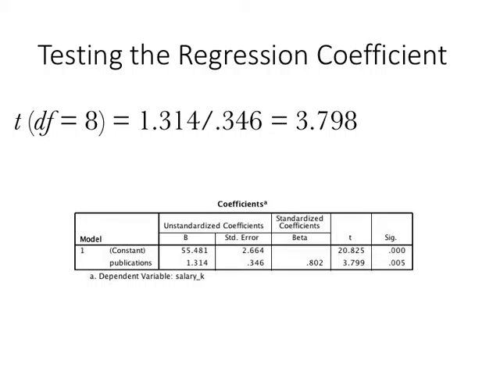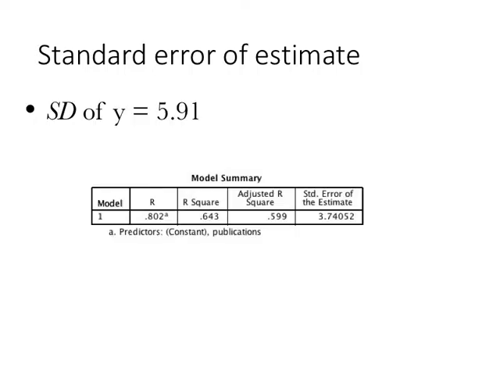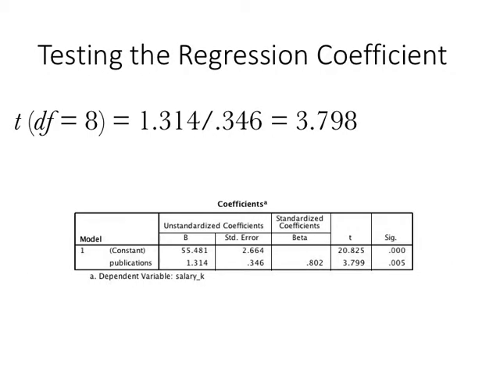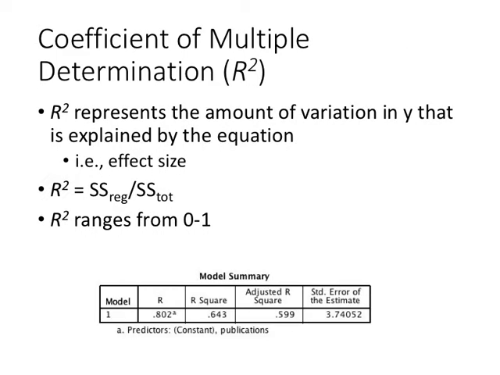And then we have this other thing here that's the standardized coefficient, which is beta. And do I talk about beta here, or do I save that for next week? I save that for next week. This is the standard error of the estimate, which, if we go back, is this value here.